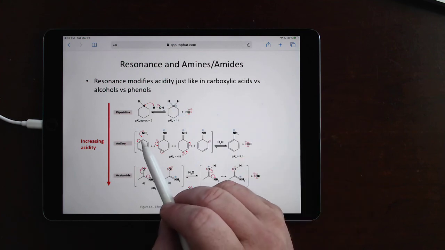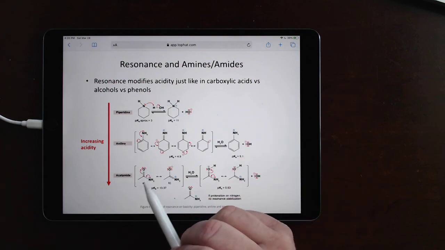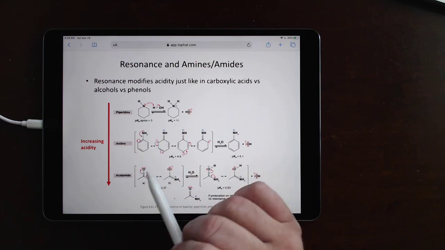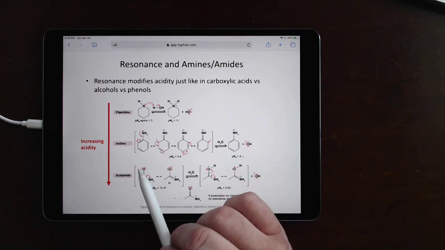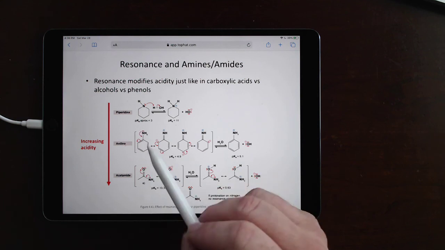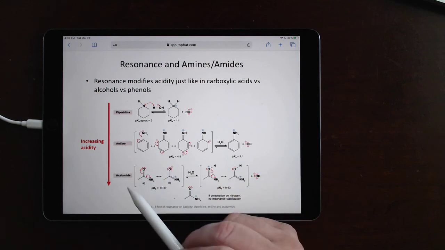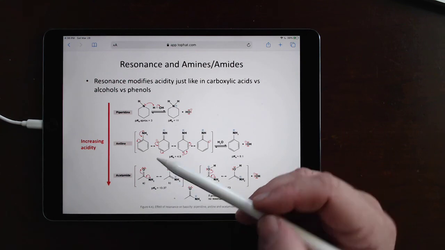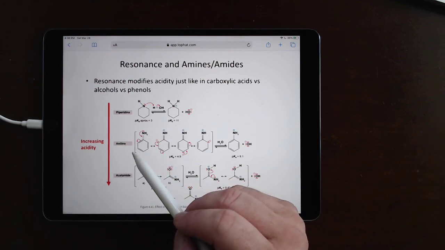But these two, the anilines and the acetamides, have adjacent pi bonds, so these two are going to be more acidic than that one. And this one has the electronegative C double bond O, so it's the nitrogen version of a carboxylic acid. For the same reasons, this is going to be more acidic than that.